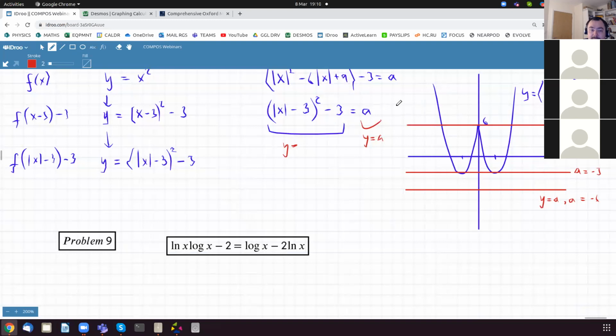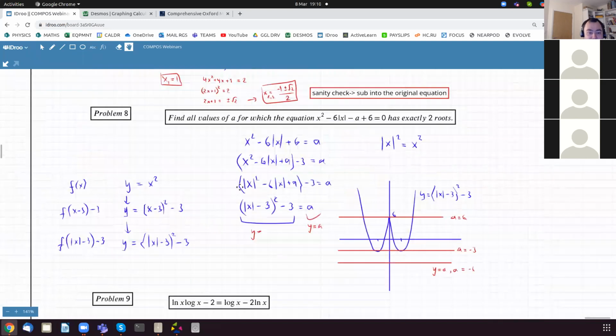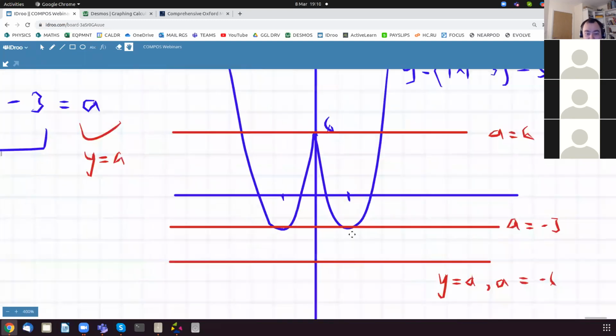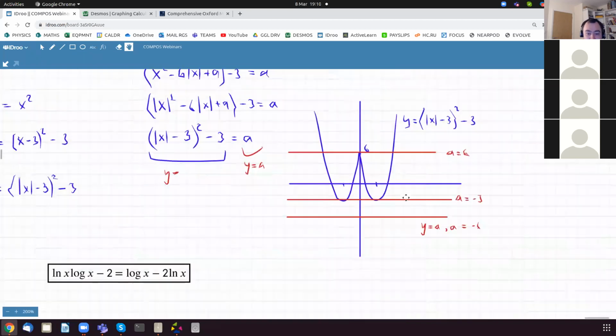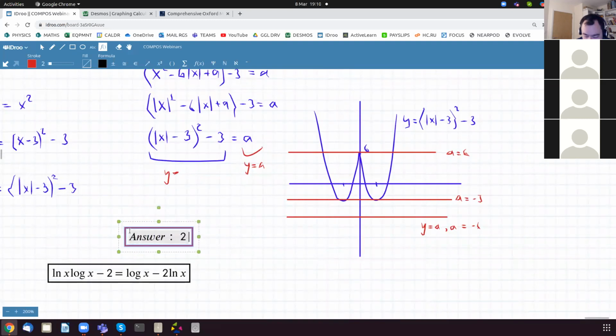Anything above 6. So the question was, for which values of a does it have exactly 2 roots? Answer: 2 roots when a is -3, or a is greater than 6.